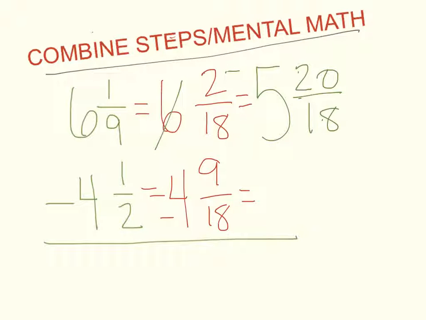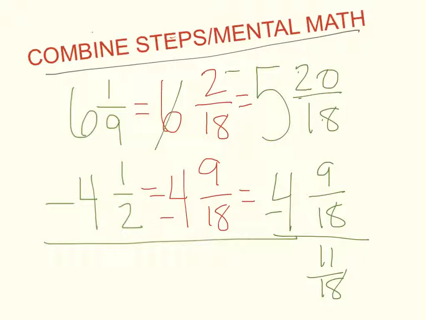If you can do that in one step, that's fine with me. Then bring over minus the 4 and 9 eighteenths. And I get 20 minus 9 is 11/18. And then 5 minus 4 is 1. So we have 1 and 11/18 as our final answer.